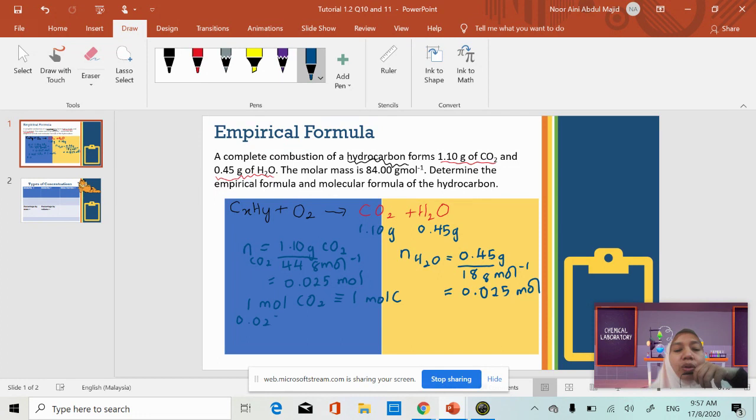So in this case, since we have 0.025 mole of CO2, what is the number of mole of carbon? If you calculate the number of mole of carbon, or just C, it equals 0.025 times 1 over 1, and that gives you 0.025.